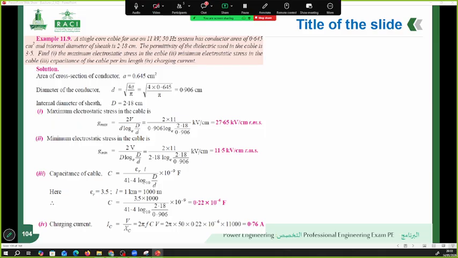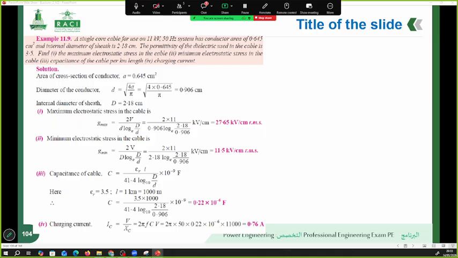By substituting the given values, the capacitance can be calculated using the logarithmic expression, resulting in approximately 0.22 microfarad. This highlights how insulation properties and geometric configuration influence the cable's ability to store electric charge.